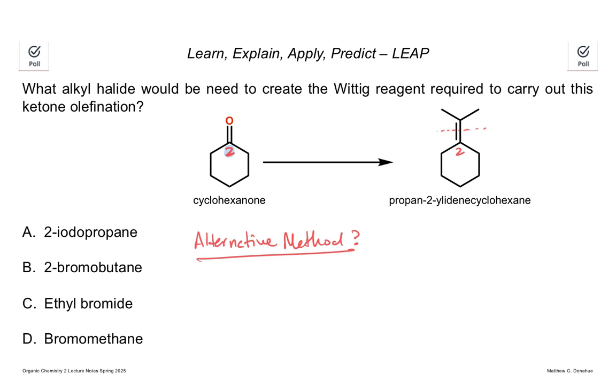I heard 2-bromobutane. What? 2-iodopropane. So why are we choosing that? Because it's propane, we have 3 carbons, 1, 2, 3, and then the attachment point is at carbon 2.